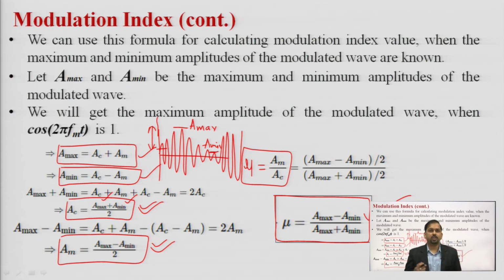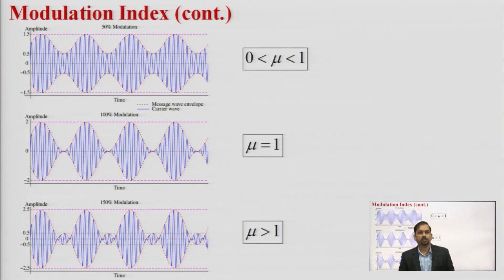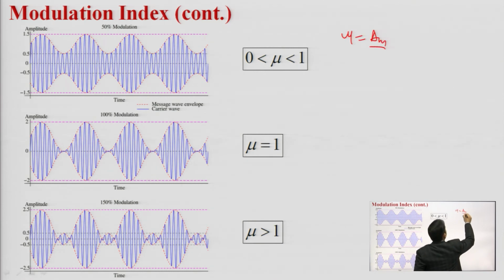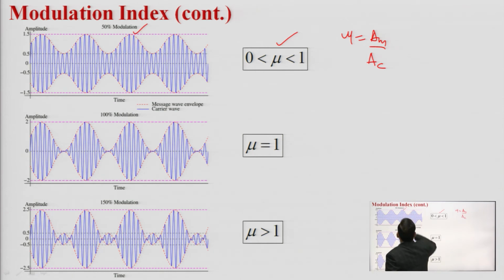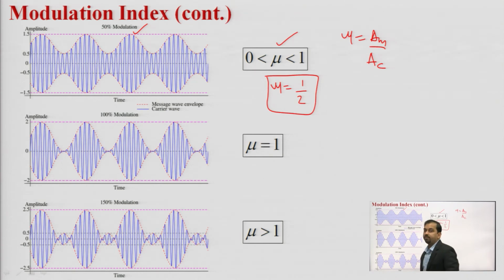On the basis of this depth of modulation, we will have three cases. First, mu equals AM by AC, and mu is between 0 and 1. Let us say 50% modulation, that means mu equals 1 by 2, which is nothing but 50%.